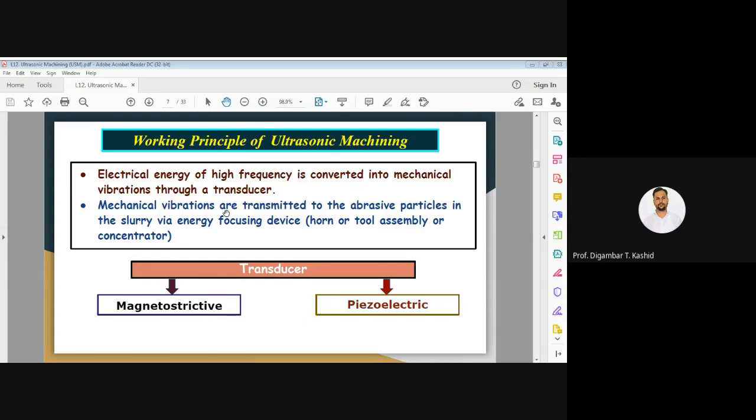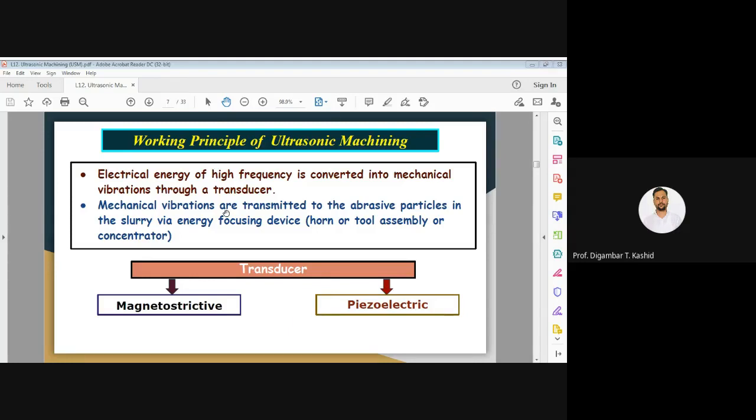Your concentrator, or you can call it horn, or tool assembly. Concentrator, tool holder, tool assembly or horn, everything is the same. It is called an energy focusing device. So once again I repeat, mechanical vibrations are transmitted to the abrasive particles present in the slurry via the energy focusing device, and that is known as horn, tool assembly or concentrator.